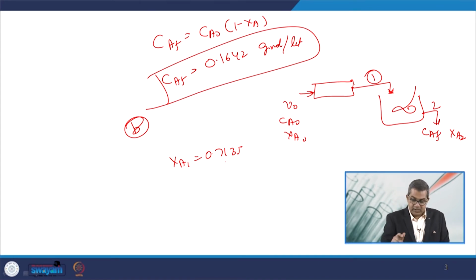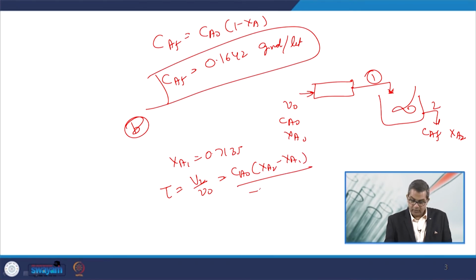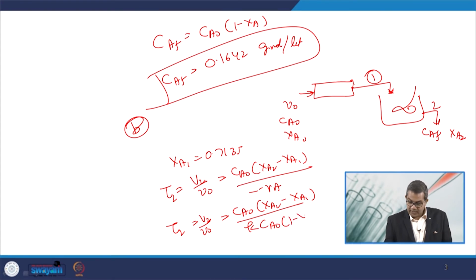So the performance equation we can write is V2 upon V naught equals Ca naught into XA2 minus XA1 upon minus Ra, and this is tau 2. Tau 2 is equal to V2 upon V naught, that is equal to Ca naught XA2 minus XA1 upon K Ca naught 1 minus XA2.